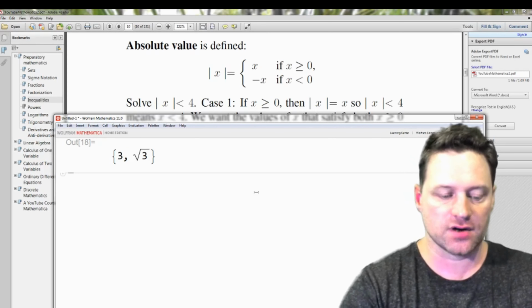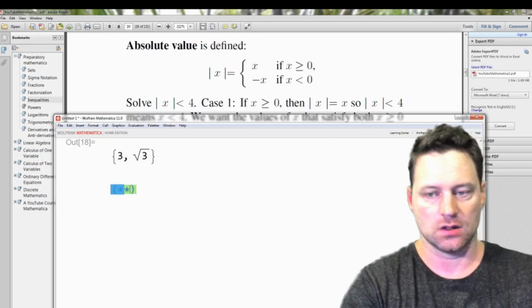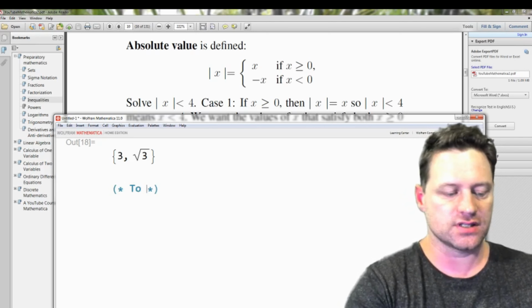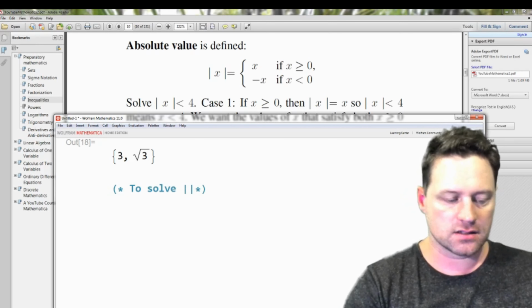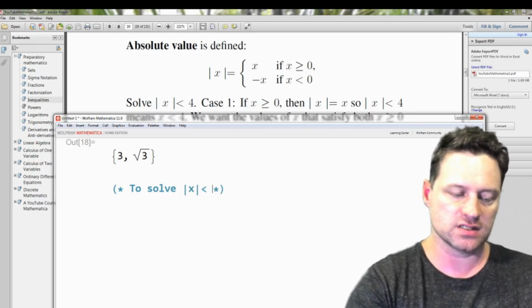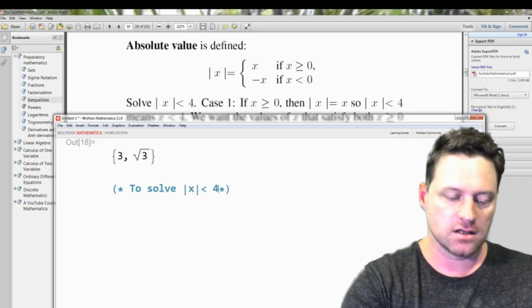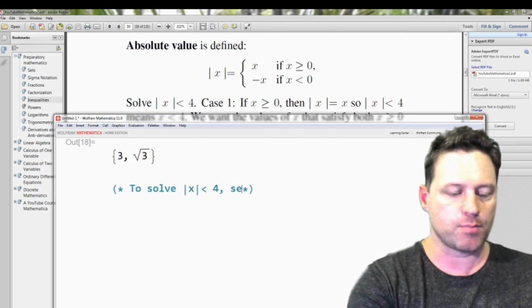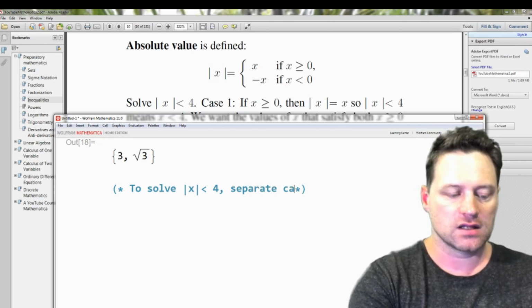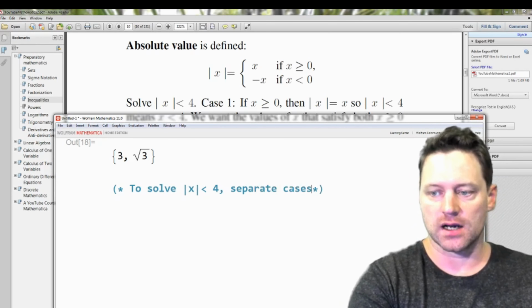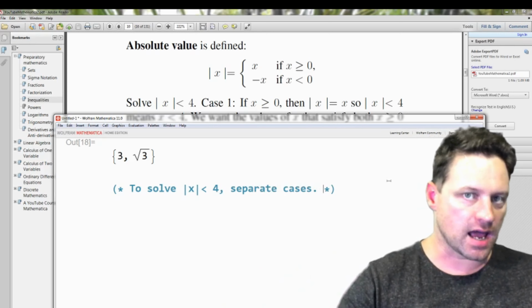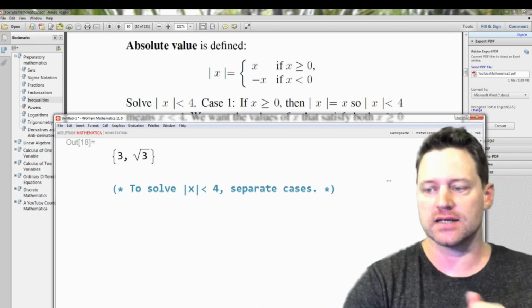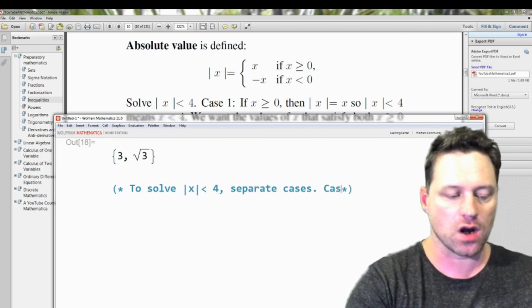So let's write in comment form. To solve this, separate cases. And again, this is only one way to do it. Separate cases. So we'll say case 1.